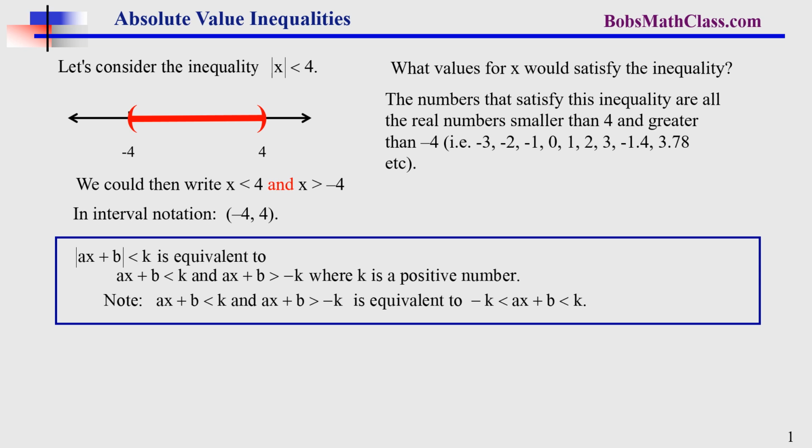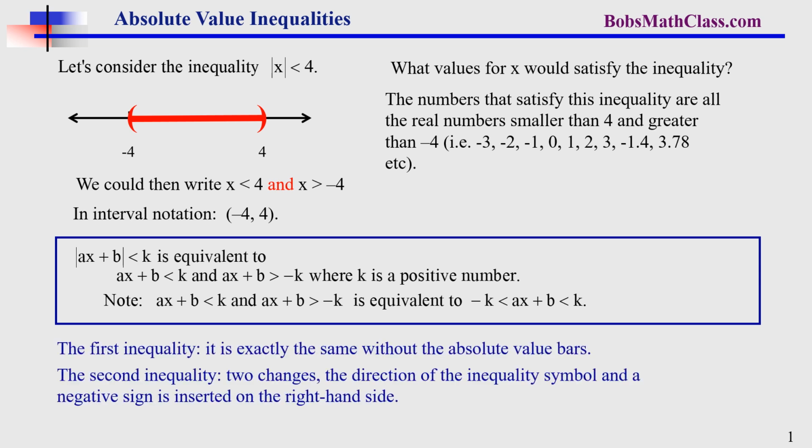The first one exactly the same, just drop the absolute values. The second one, two changes. Change the direction of the inequality and the sign of the number on the right. Okay, that's what this note is. The first one is exactly the same without the absolute value bars. The second, there's two changes. The direction of the inequality symbol and the negative sign inserted on the right-hand side.